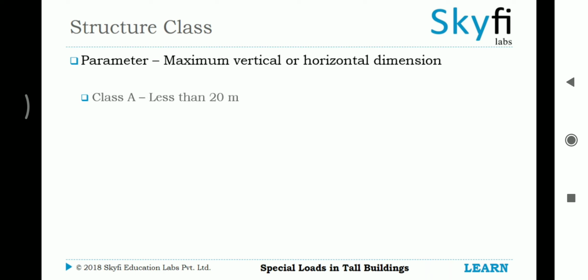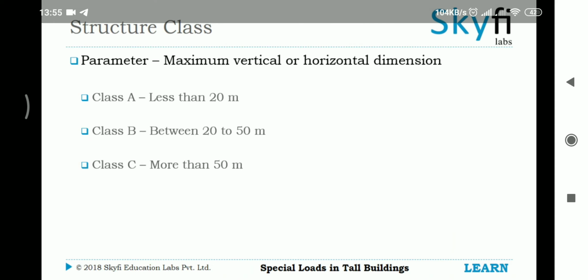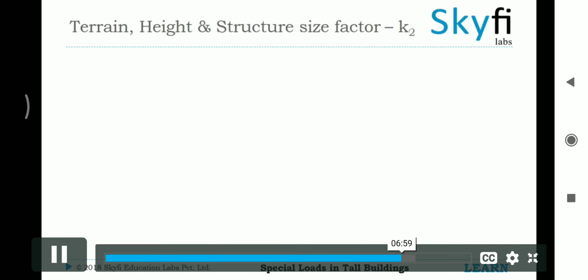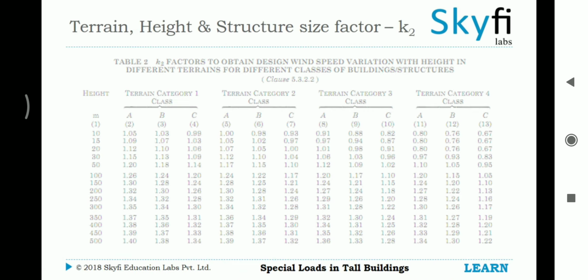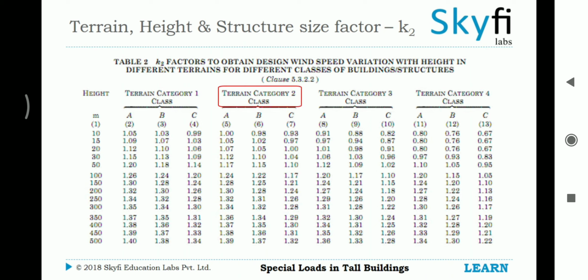If the dimension is less than 20 meters, the structure class is A. If it is between 20 to 50 meters, the structure class is B, and it is C for dimensions more than 50 meters. Once you know the structure class and terrain category, you can refer to Table 2 in the IS code, which mentions the K2 factor for buildings of different heights.